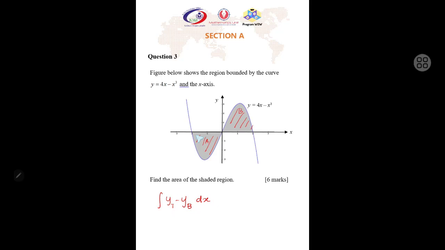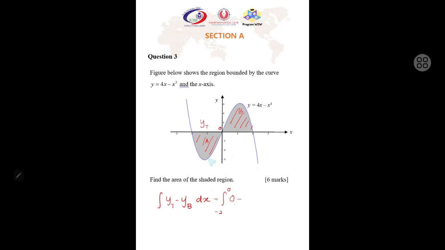Okay, so what is y top? The function on the top minus the function on the bottom. So for example here, for area A, you need to integrate from -2 to 0. This is 0. Your y top is the x-axis, meaning 0, minus your y bottom.